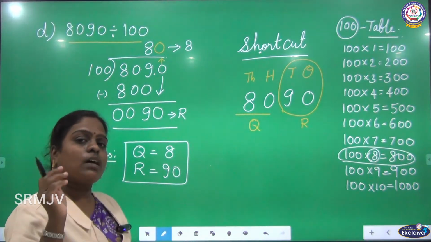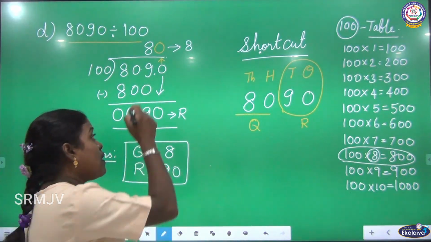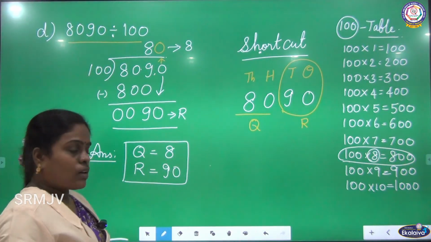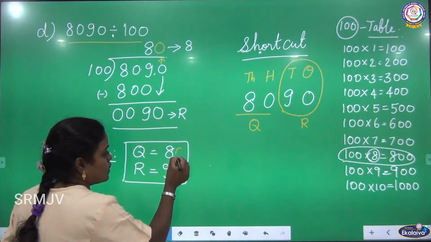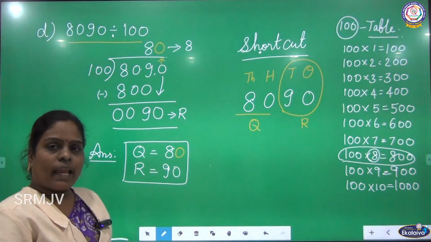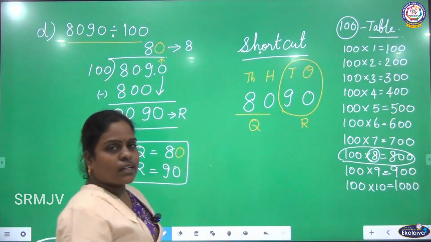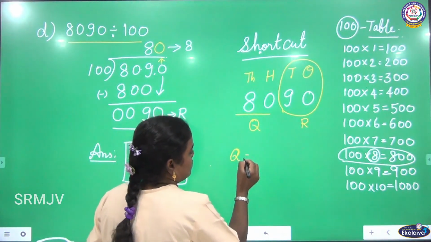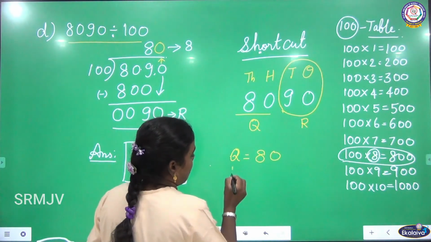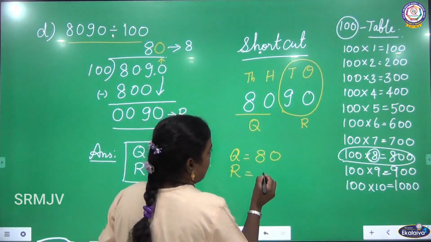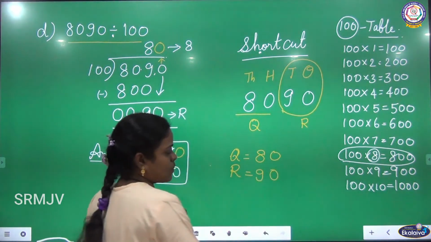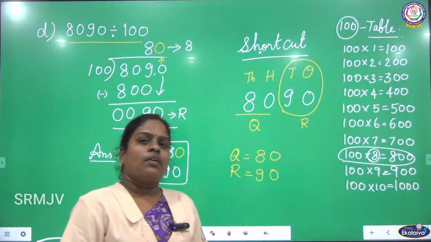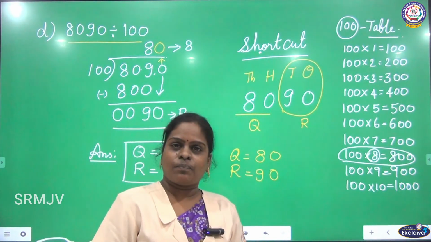So when we have only 0 in the dividend, we should write it in the quotient also. Now the answer, quotient is 80 and the remainder is 90. Is this clear, children? Yes, we'll see you in the next class.